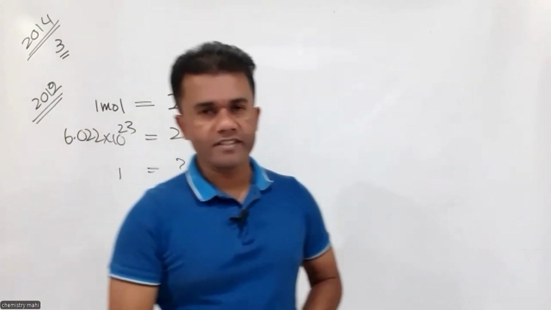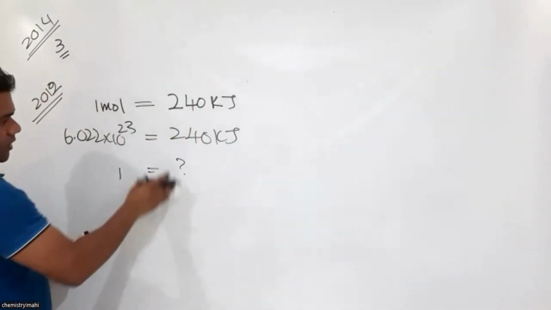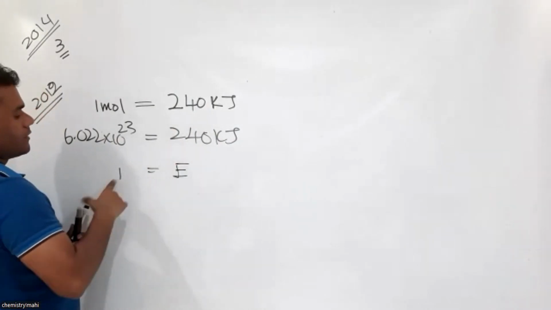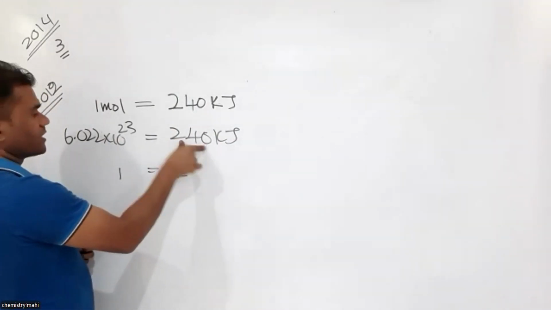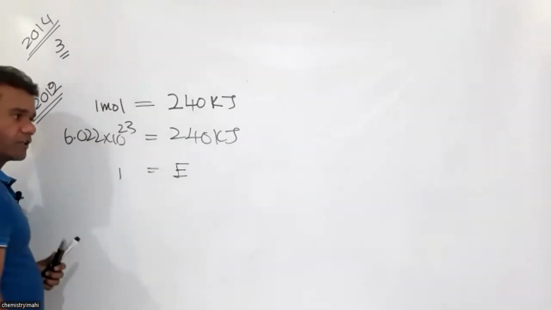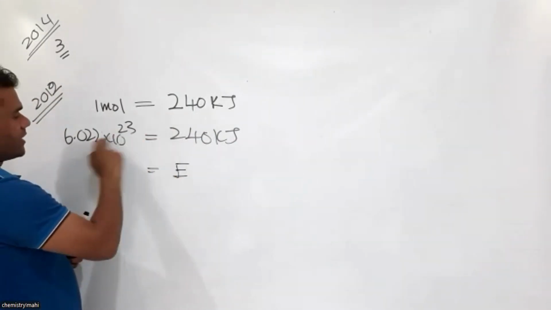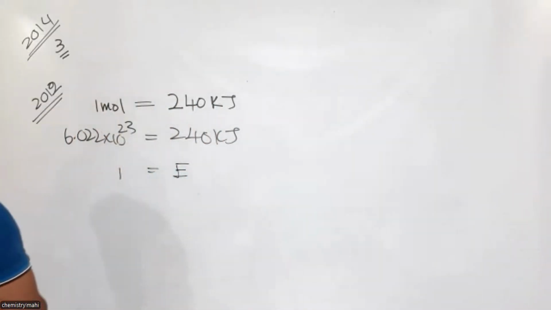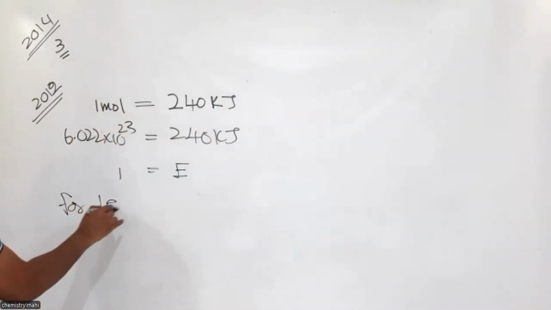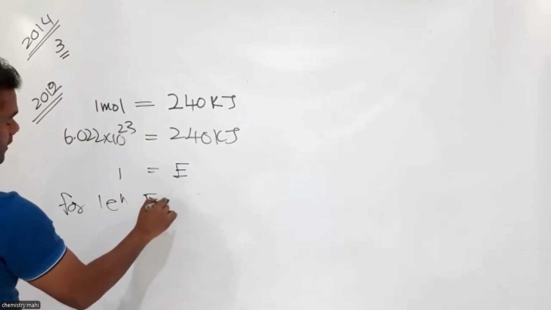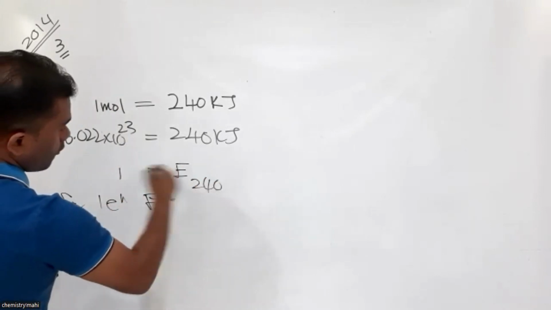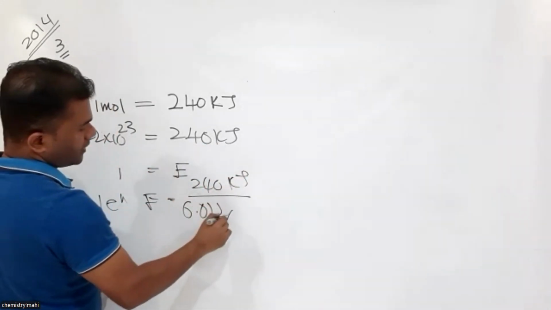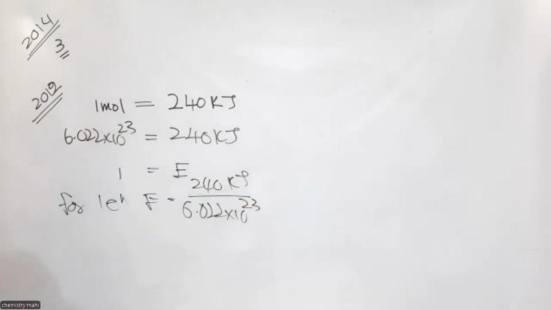That is why I show all these things very clearly. But first of all, without going to the frequency part, I try to calculate the energy for 1 electron. Total energy is for this number of electrons, then for 1 electron, you know what to do? You divide this total energy by this number, then you get energy per electron. For 1 electron, the energy equals 240 kilojoules divided by the number of electrons available in a mole.